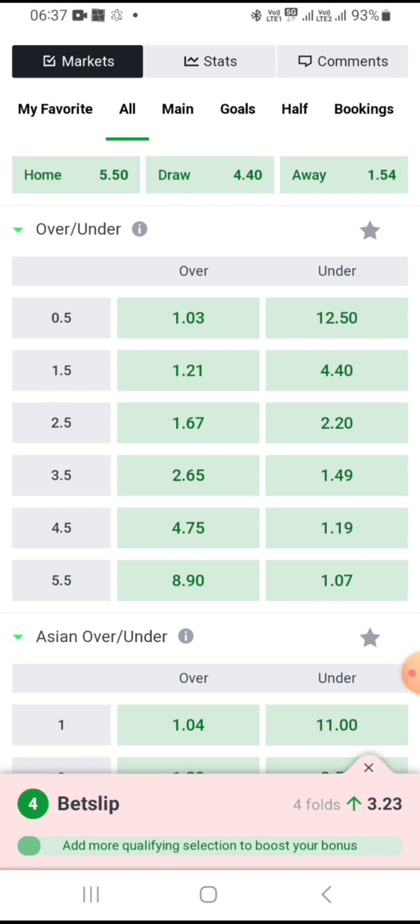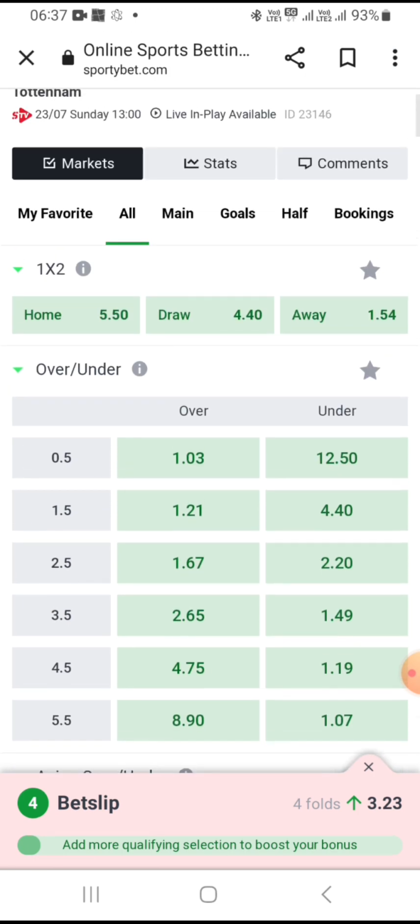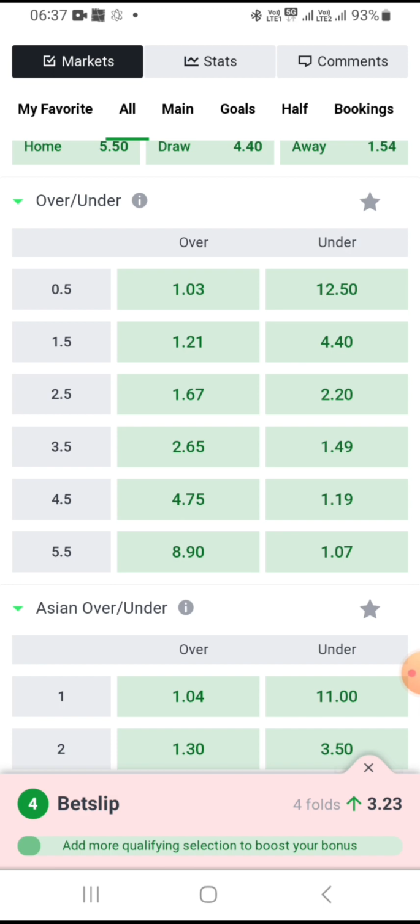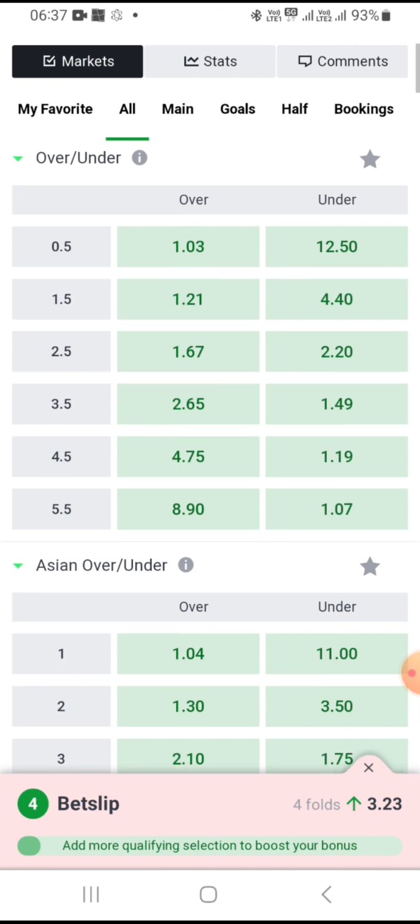So if you take this and they play 1-0 in this game, you failed it. If they play 2-0, you got it. If they play 3-0, you got it. If you get 4-0, as the case may be, you got it. Let me just finish the over, then I'll come to the under.